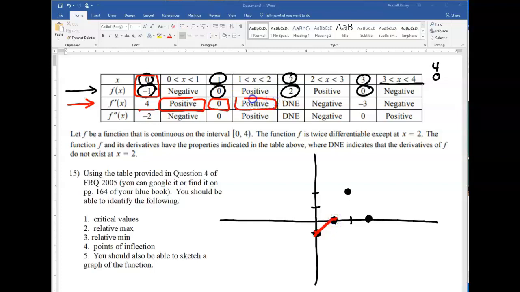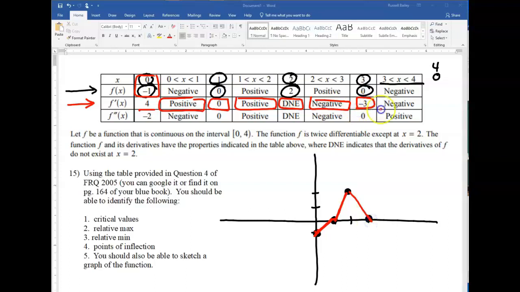And then between 1 and 2, it's positive again. At 2, it doesn't exist, so I can't draw anything there. Between 2 and 3, we've got a negative slope. And then at 3, we still have a negative slope.